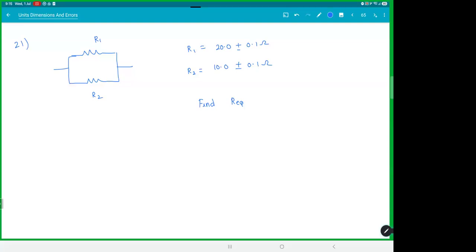Any answers? I hope you know the formula: 1 by R equivalent is 1 by R1 plus 1 by R2. So that's a better way of writing than writing R1 R2 by R2 plus R1. Again, it becomes independent.